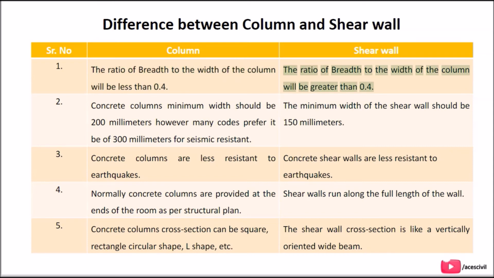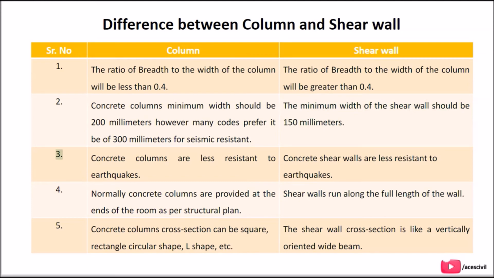Shear wall: the ratio of breadth to the width will be greater than 0.4. 2. Concrete columns' minimum width should be 200 mm, however many codes prefer it be 300 mm for seismic resistance. The minimum width of the shear wall should be 150 mm.